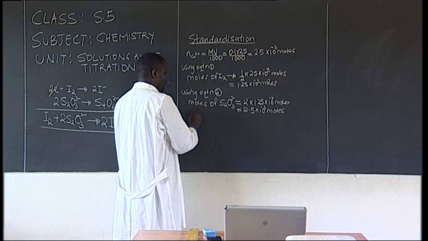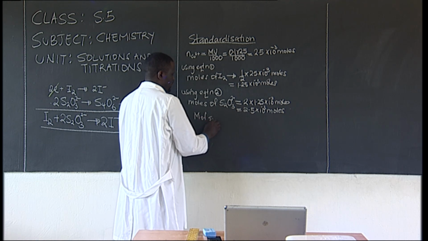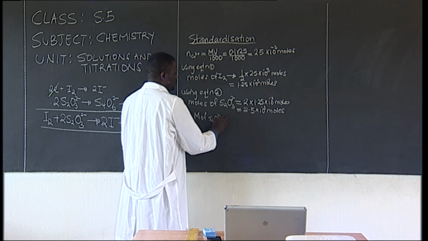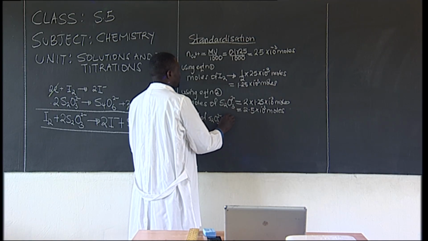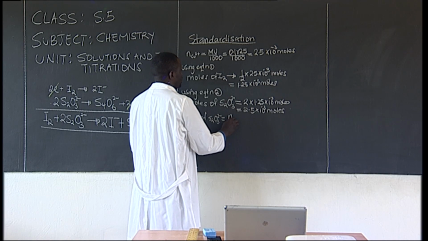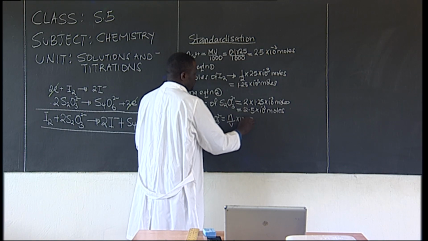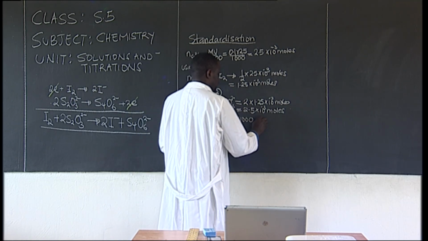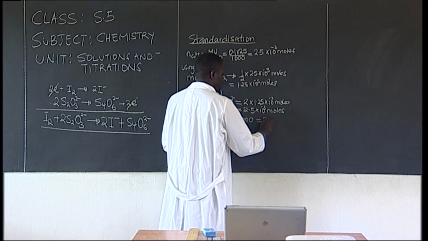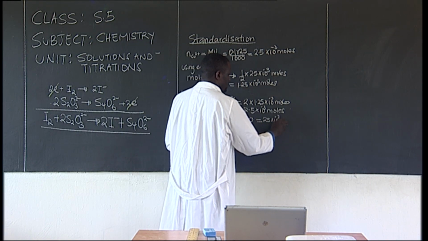Molarity of sodium thiosulfate will equal number of moles over volume times 1,000. Then we can substitute in here and say 2.5 times 10 to the power negative 3 times what?